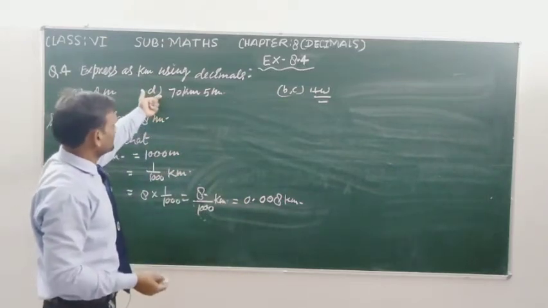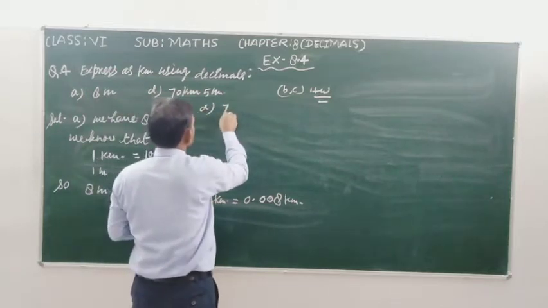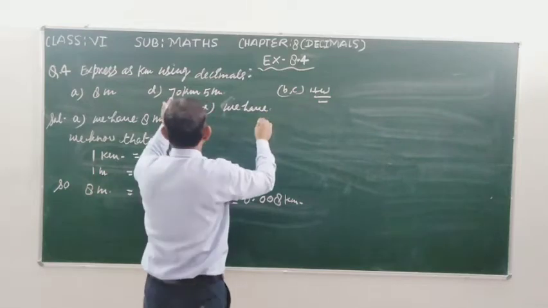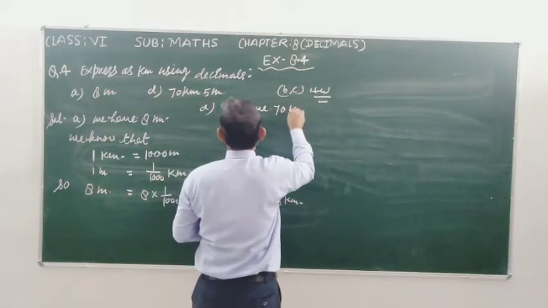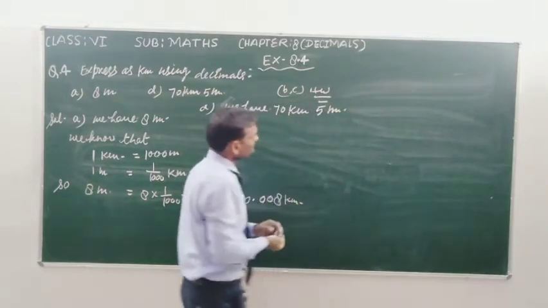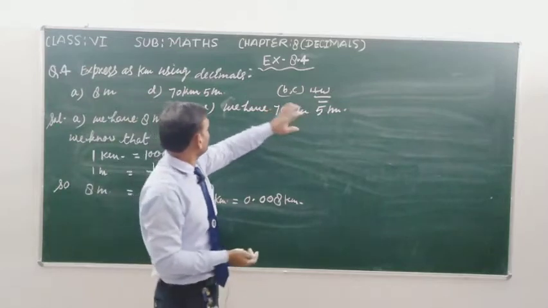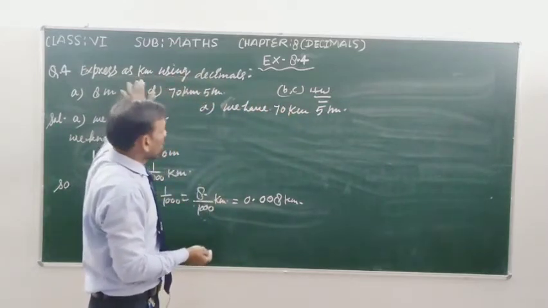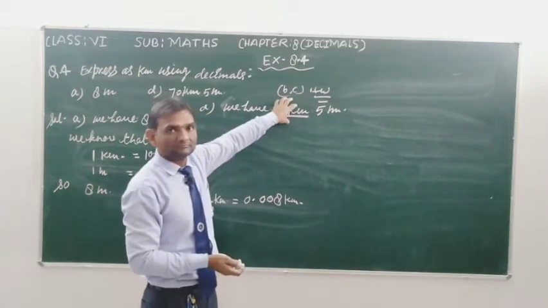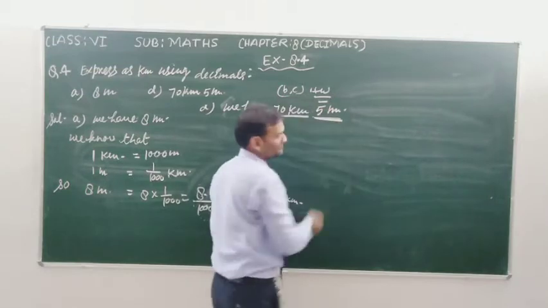So student, I am taking part D here. Part D is 70 kilometer and 5 meter. Student, we need to change both values in kilometer, but one value is already given in kilometer. So don't touch it, don't change it, only change meter in kilometer.